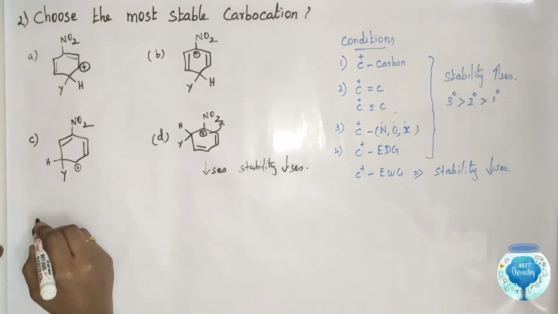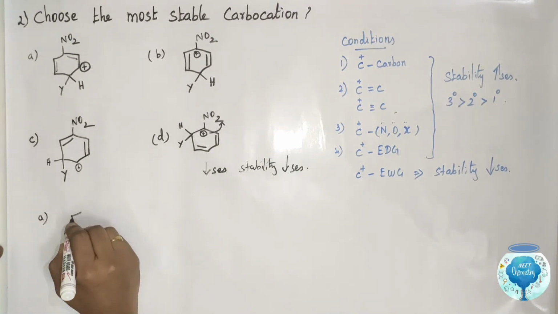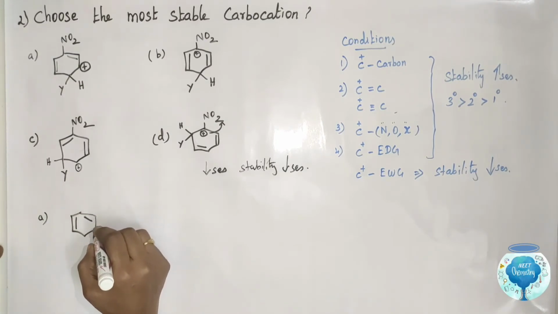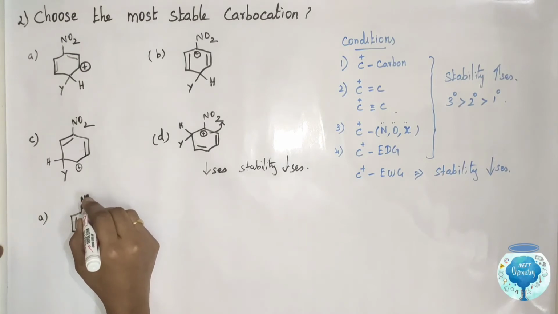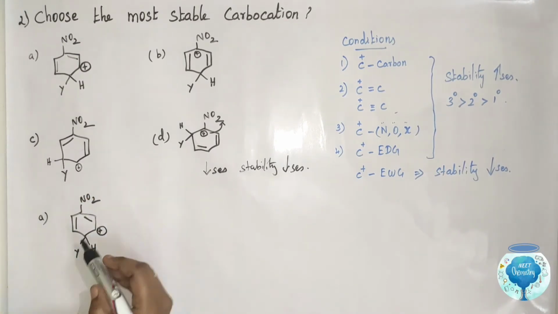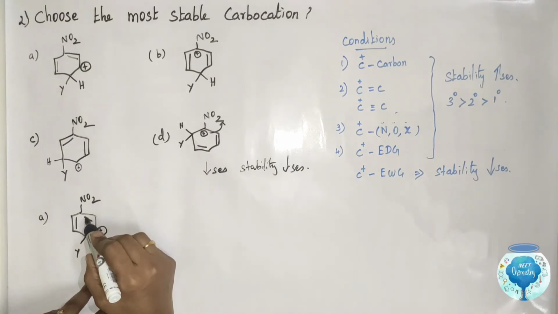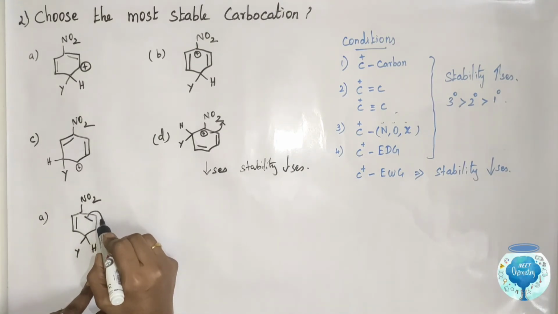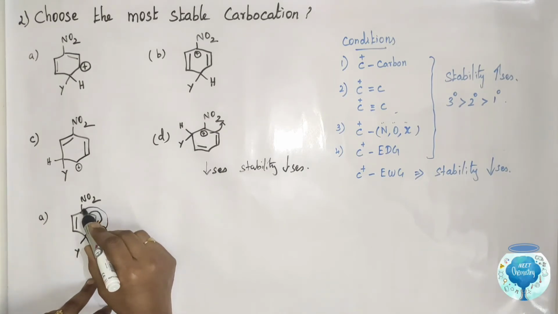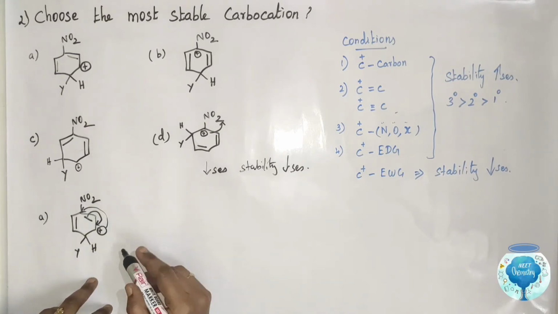Option A. Write the option A structure. If we shift this electron to this position, the charge of this cation will shift to this carbon.